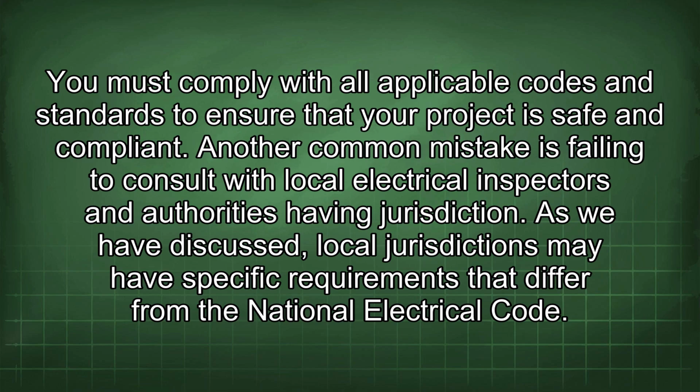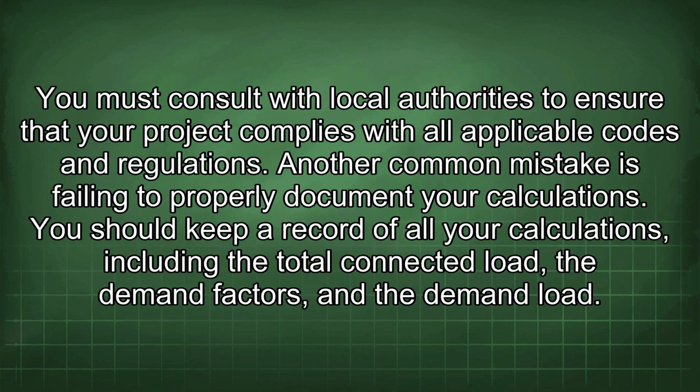Another common mistake is failing to consult with local electrical inspectors and authorities having jurisdiction. As we have discussed, local jurisdictions may have specific requirements that differ from the National Electrical Code. You must consult with local authorities to ensure that your project complies with all applicable codes and regulations.